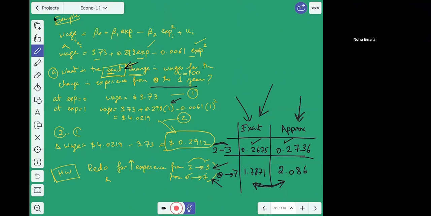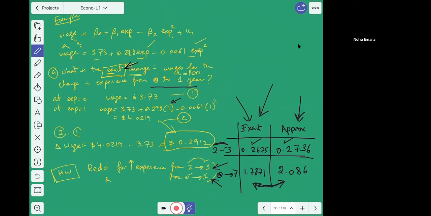You're done with question one? So the command gen is for generating, is for creating variables, okay?